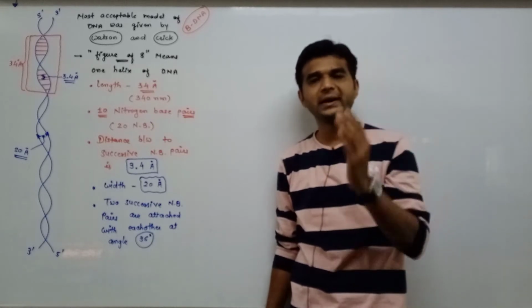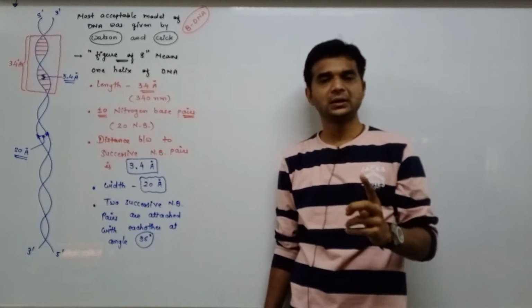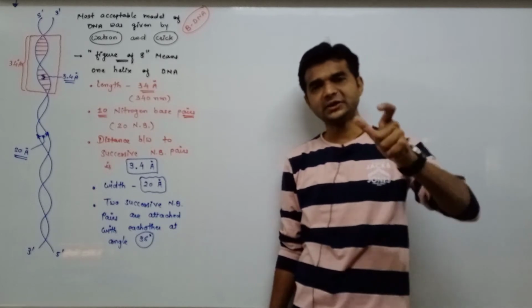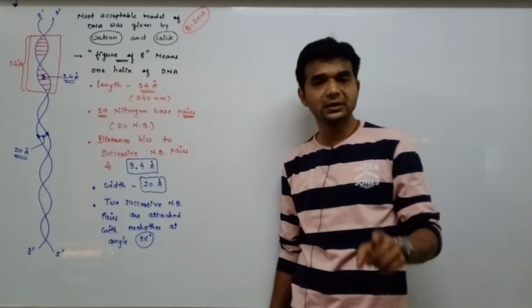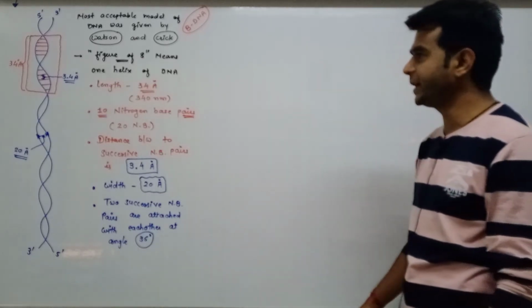So one helix means one whole circle, with 10 nitrogen base pairs, each attached at an angle of 36 degree. This is the most important point.